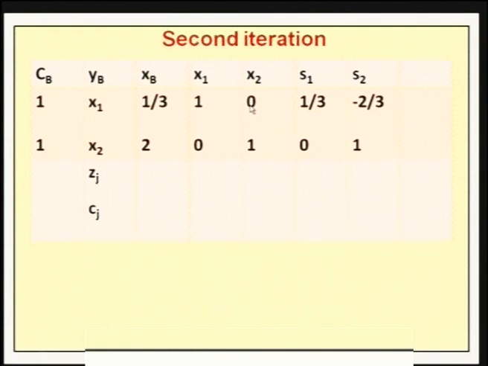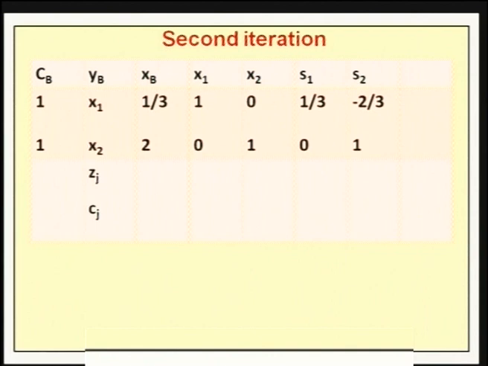Next, again we have to check the optimal solution of this table. For that, in the place of S2, x2 enters, already x1 is there. So, x1, x2 are the basic variables, the corresponding costs are 1. For x1 the cost is 1, for x2 the cost is 1.